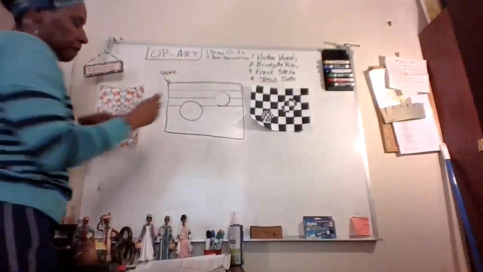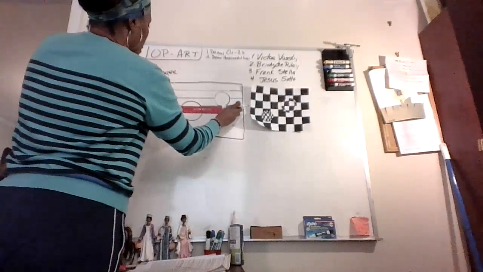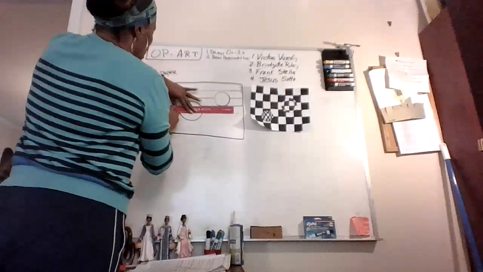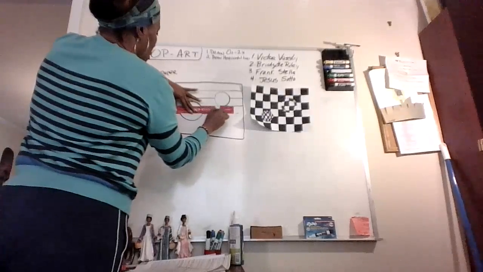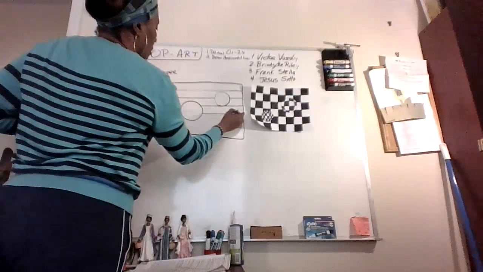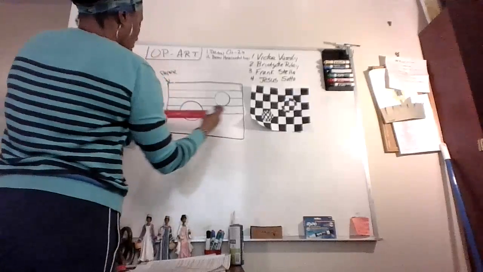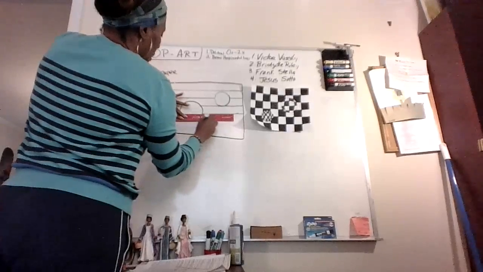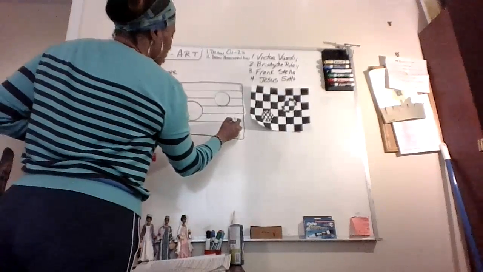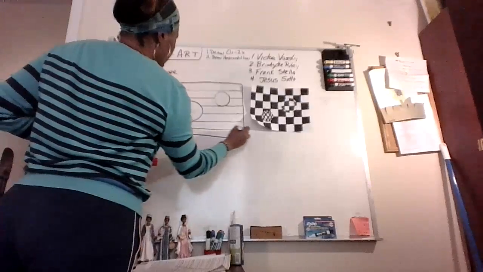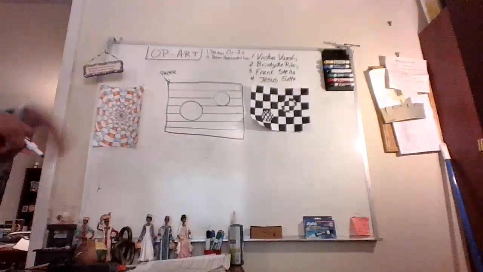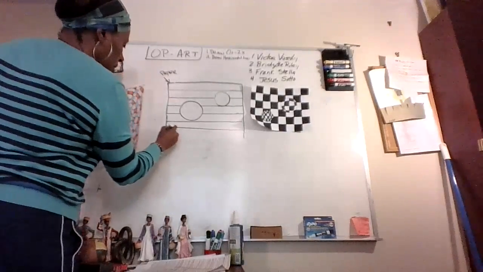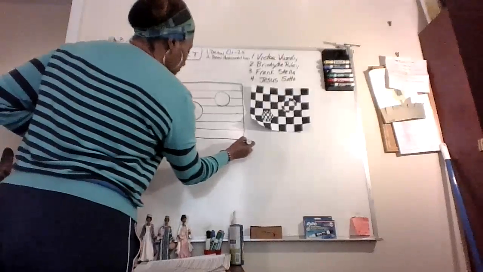All right? Now I'm past my circles, and I'm just going to draw one more right here. So now I have my horizontal lines. I just wanted that to look a little bit more straight.